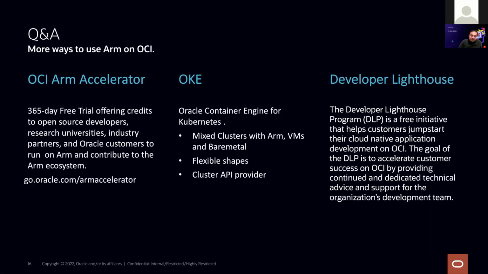The ARM accelerator program is a year-long trial with a much larger amount of credits for open source developers and industry partners. You can go to that URL, go.oracle.com/ARM accelerator, to learn more about the ARM accelerator program and how you can get onboarded with ARM shapes for specific solutions, right?